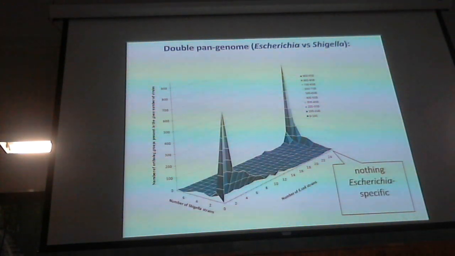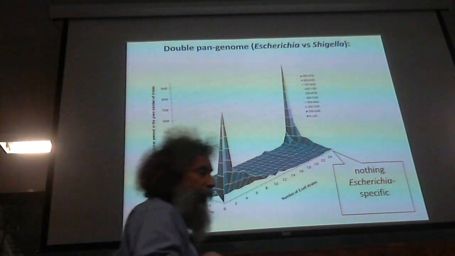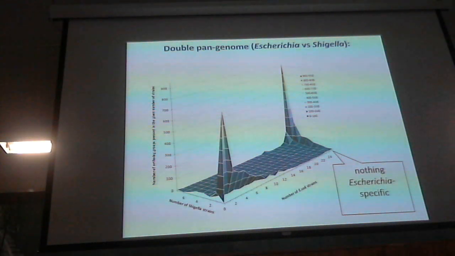Now, let's, for instance, check Escherichia and Shigella. I told you that Shigella is not a separate species, let alone a separate genus. And we observe exactly that.